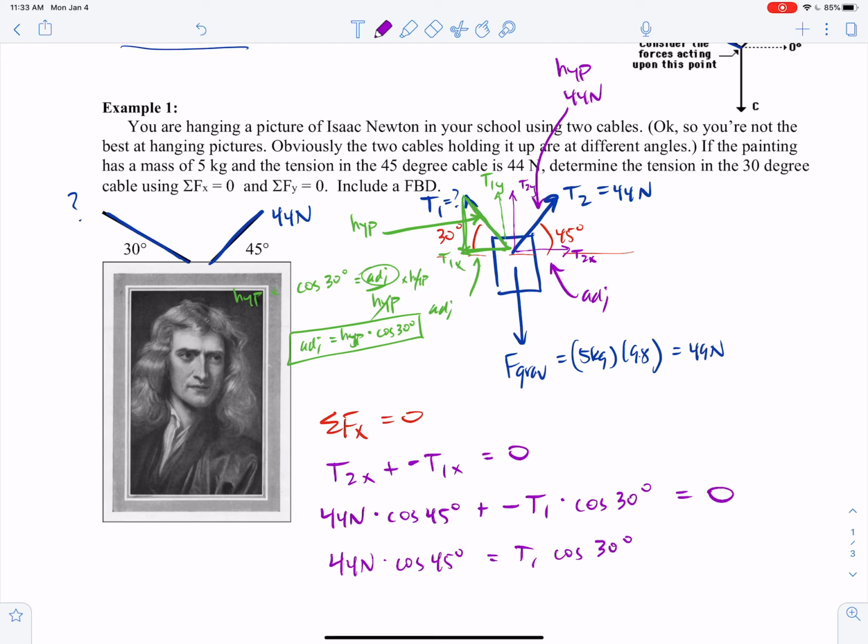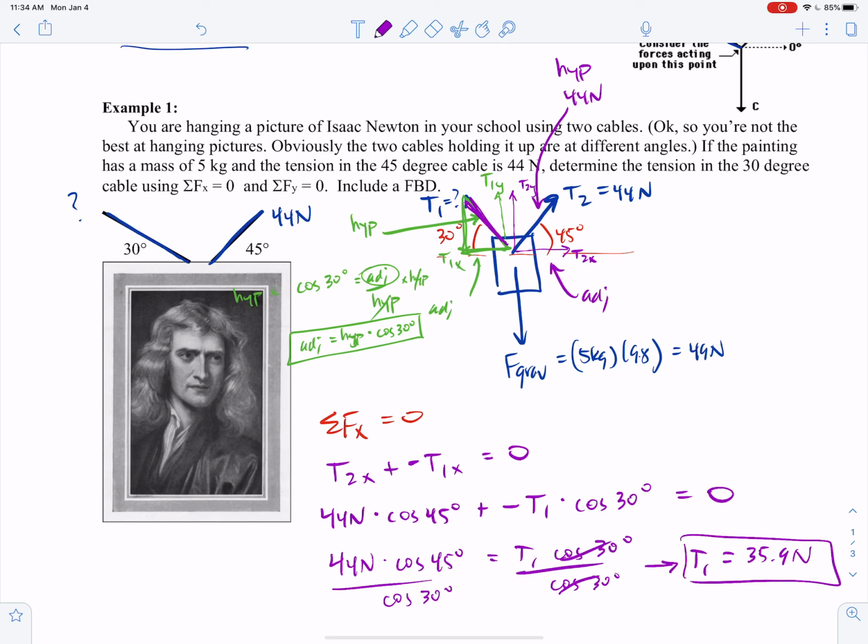Dividing both sides by cosine 30, this goes away. I get that T1 equals 35.9 newtons. And I figured it out. I figured out the tension in this cable.